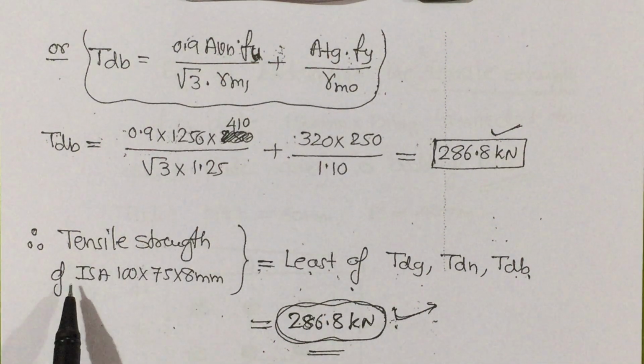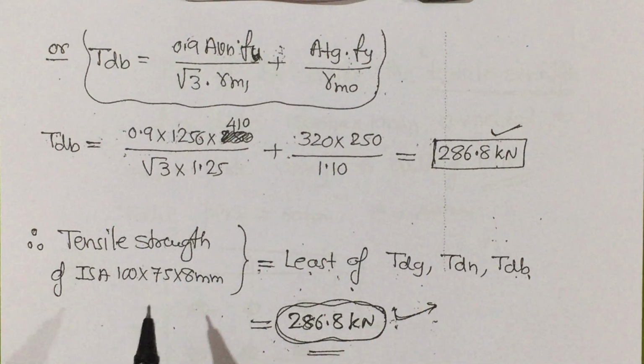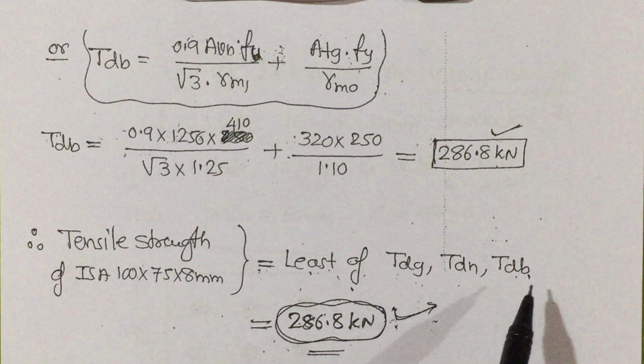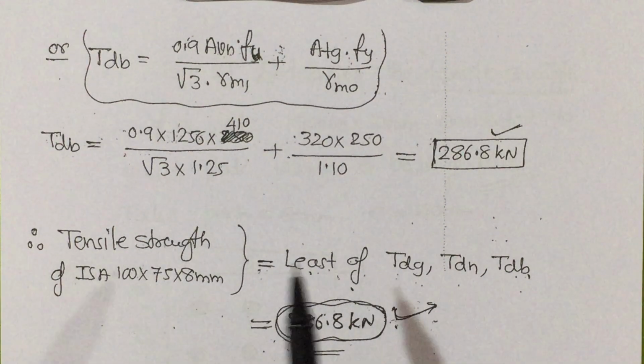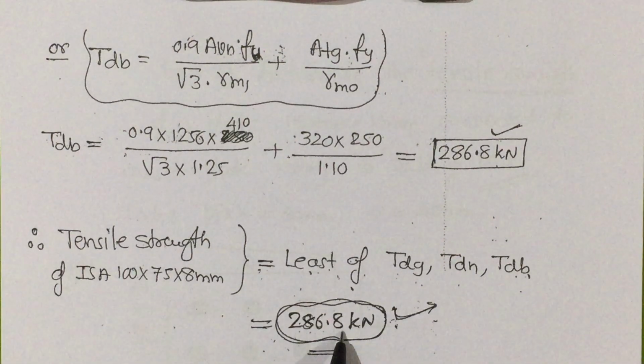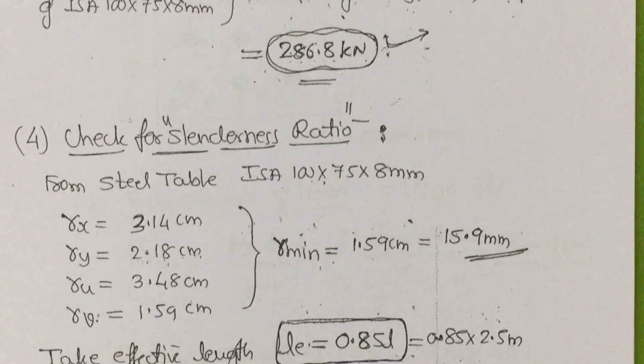Now, the actual tensile strength of the given member, that is the 100 by 75 by 8 mm tensile member, is given by the least of Tdg, Tdn and Tdb. Check for the least strength. Now, we find that the least strength is 286.8 kilonewton. So take that as the tensile strength.